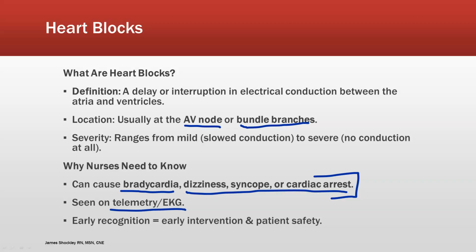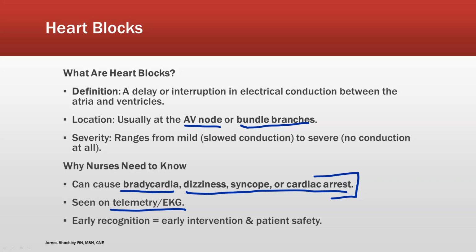You can see it on telemetry. If you have an accelerated heart block, say second degree type 1 or type 2, and it's still maintaining a heart rate of 60, it may not be as noticeable.